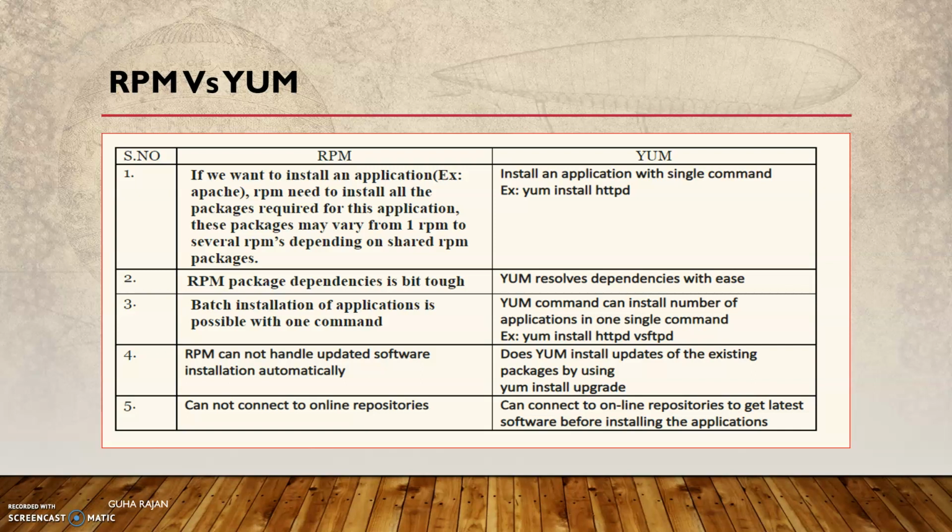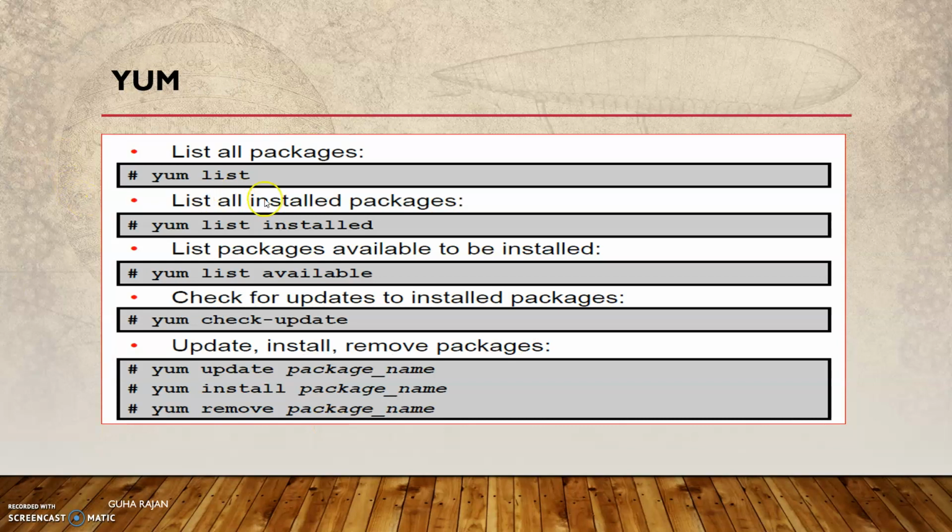So if you are trying to install something, you should always go with yum, if it can connect to the online repository. If it is available, then yum is the best approach as compared to RPM.